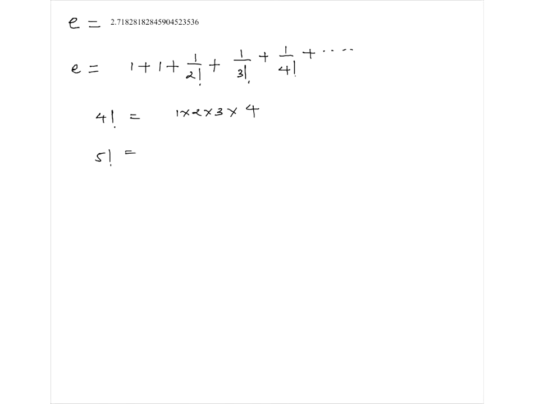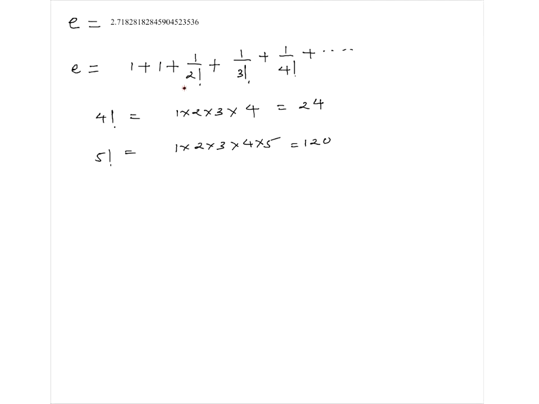Factorial 5 means 1 into 2 into 3 into 4 into 5. It just goes on and on, never ends. Infinite series it is. 1 plus 1 is 2.